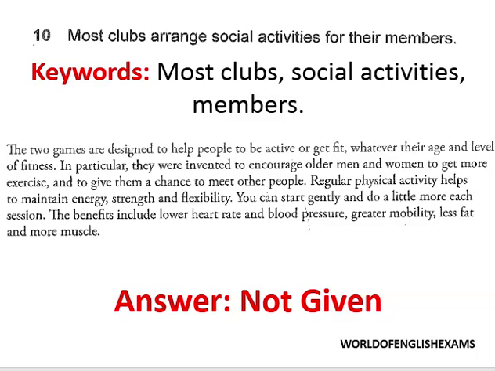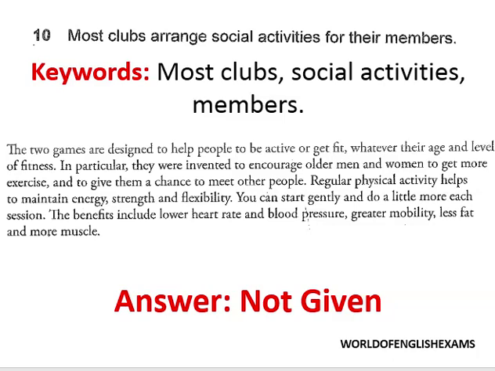Now let's read what is given in the statement. The two games are designed to help people to be active or get fit. So games are designed to help people. They are not telling whether they are members or non-members, whatever their age and level of fitness. In particular, they were invented to encourage older men and women to get more exercise and to give them a chance to meet other people.